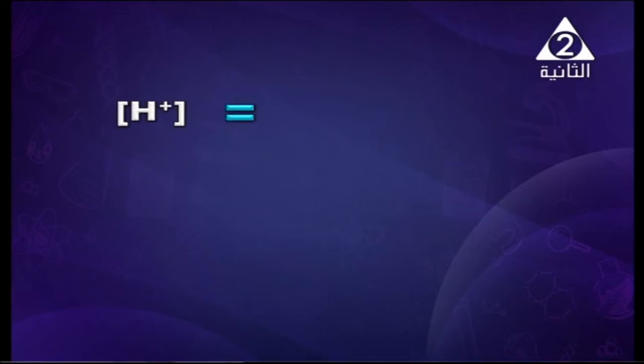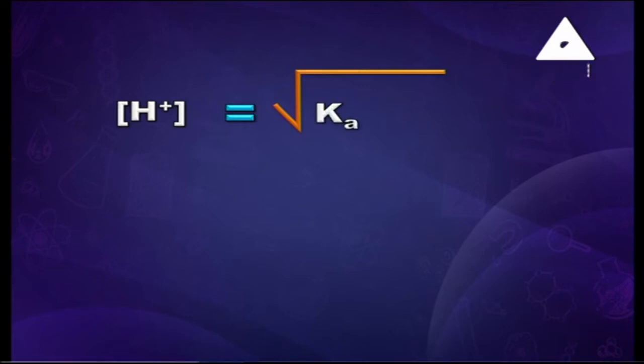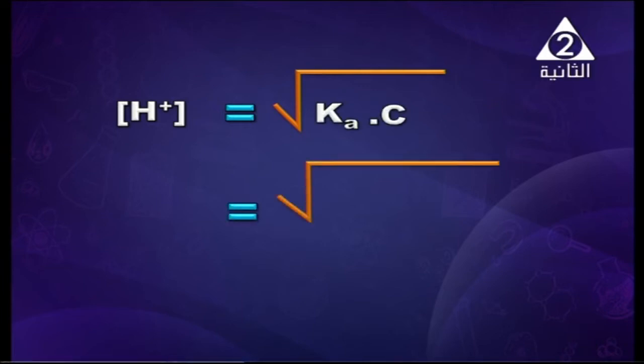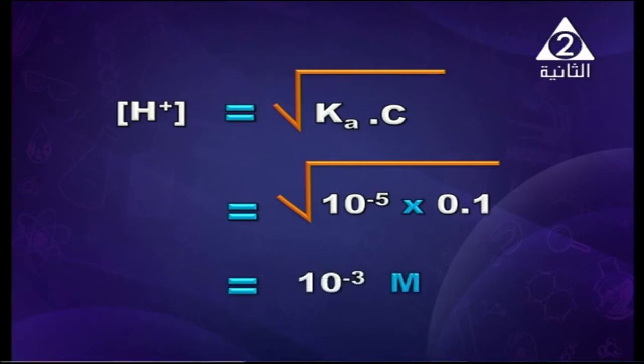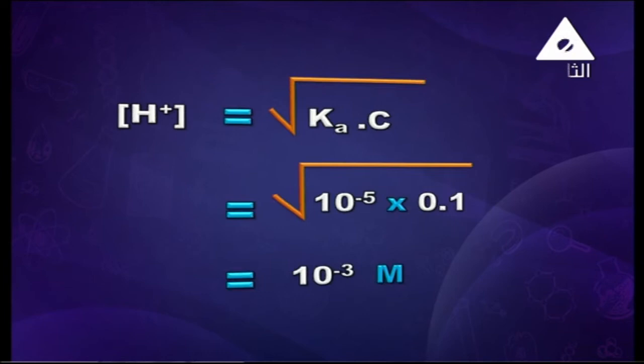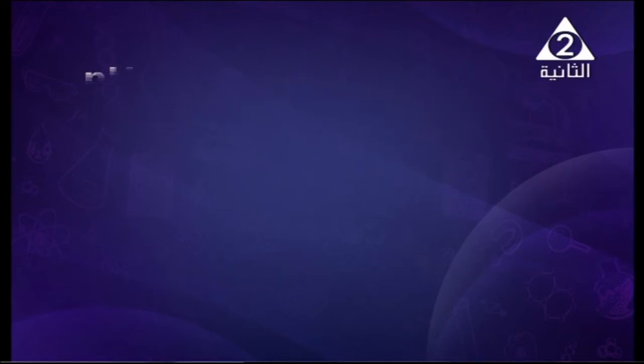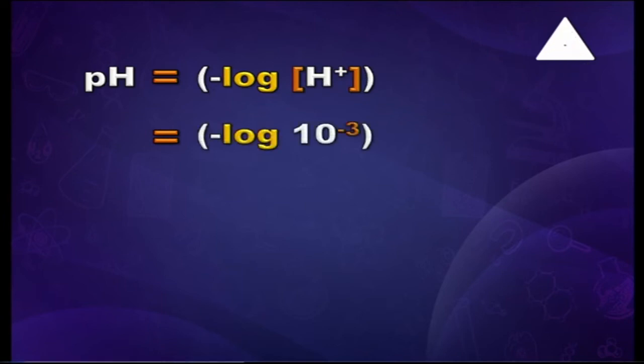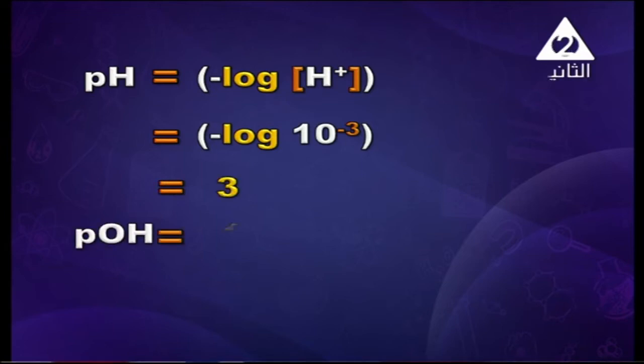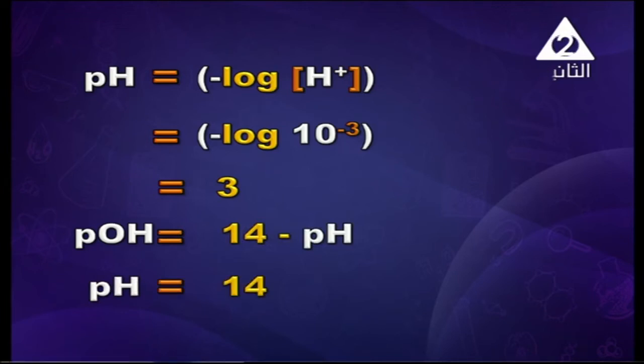Here the hydrogen ion equals the square root of Ka times C, so equals square root of 10 to power negative 5 times 0.1, so equals 10 to power negative 3 molar. Here, my dear student, the pH equals negative log the concentration of H positive, so equals negative log 10 to power negative 3 equals 3, and the pOH equals 14 minus pH, so pOH equals 14 minus 3, so pOH equals 11.